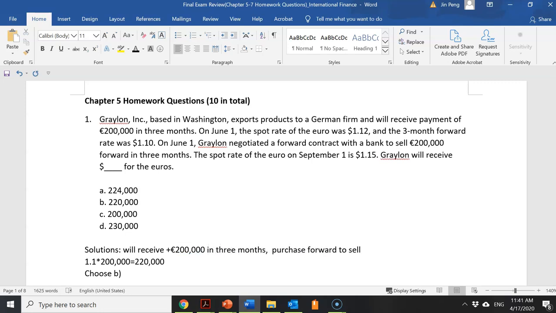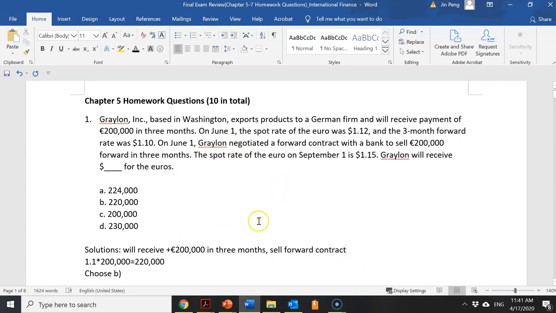So we can sell the forward contract, so we make sure we can sell 200,000 euros after 3 months at a certain rate.